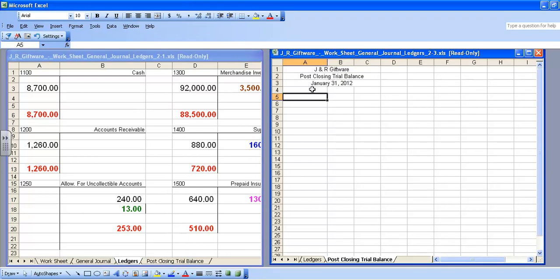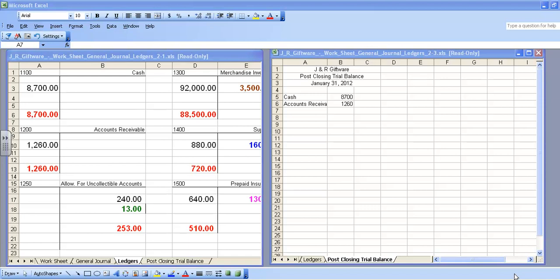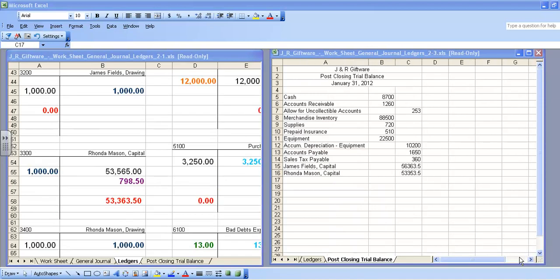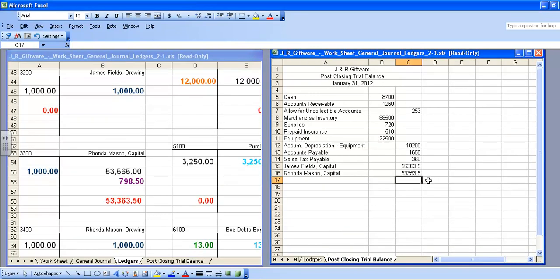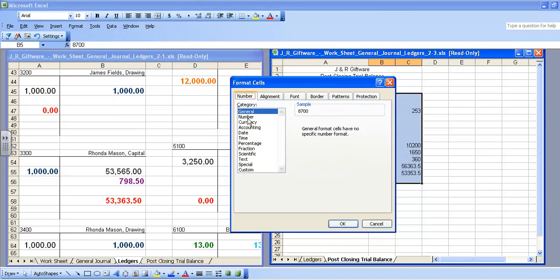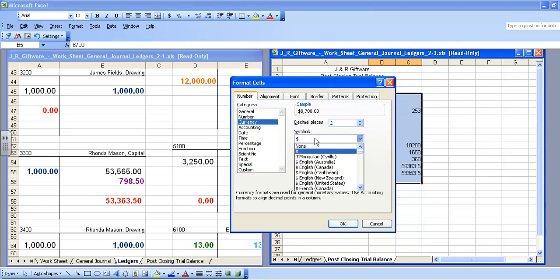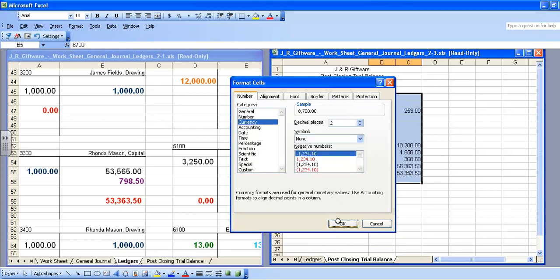Okay, so I'm going to begin by writing out the account name and the balance. And while I do this, I'm going to pause the video and I'll be back. Alright, so I have all of the account names typed in and I've gotten them from the ledgers. I'm going to make them all into currency with 2 decimal places and no $ sign.